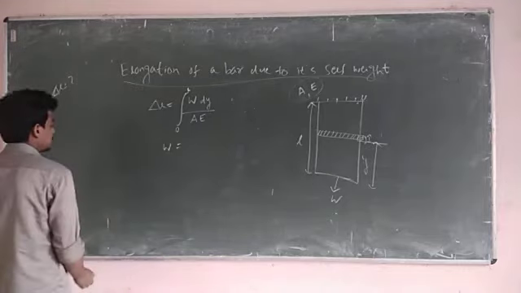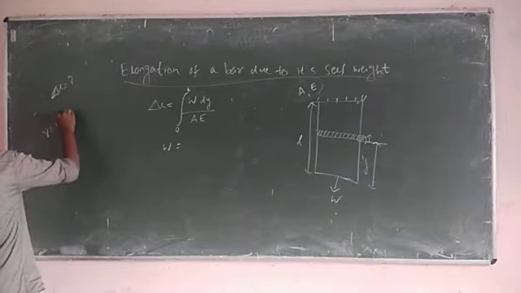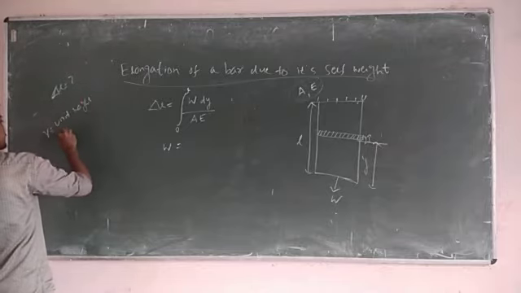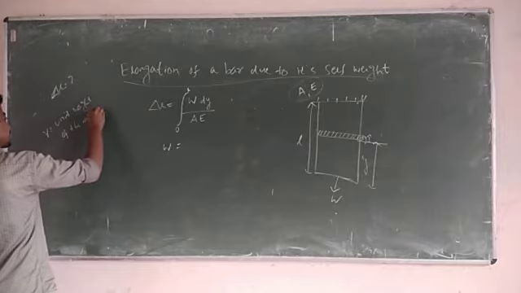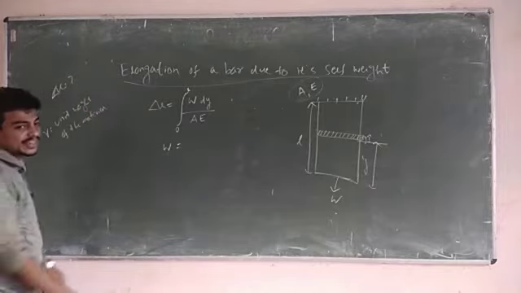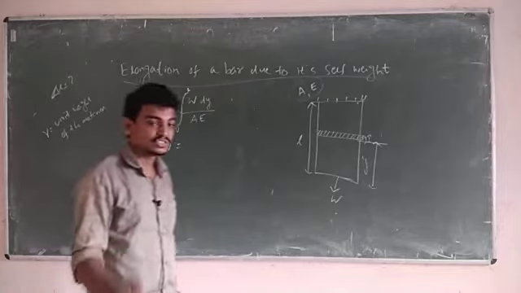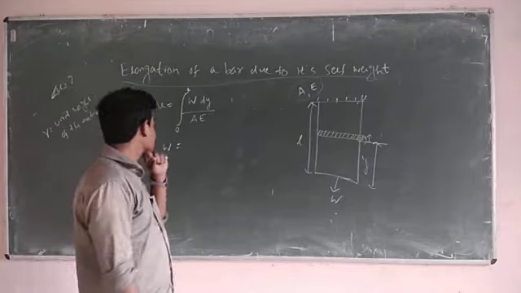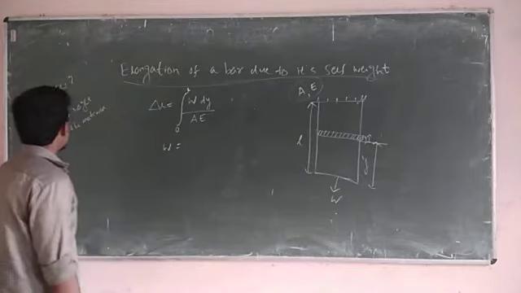Suppose gamma is the unit weight of the material. What is unit weight? You already know. You have studied it in geotechnical engineering also. Unit weight is the weight per volume.